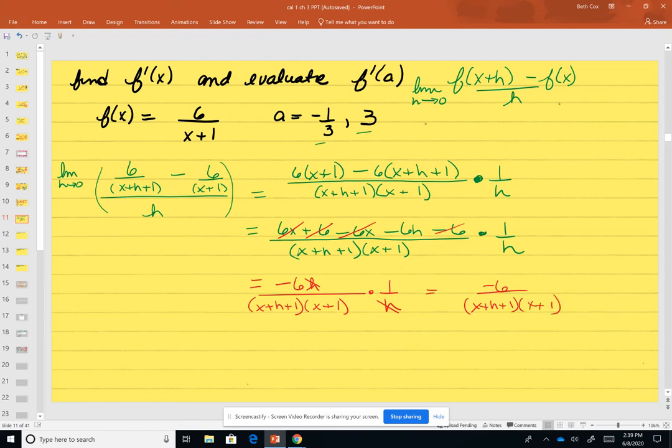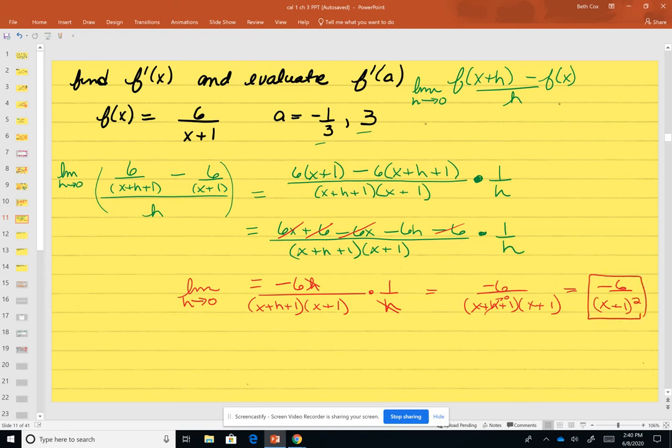So now that's the expression I'm going to take the limit of as h goes to 0. So the limit as h goes to 0, h is 0, and I have negative 6 over x plus 1 squared.